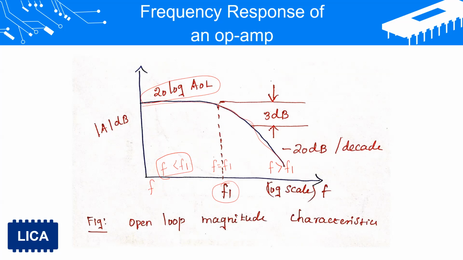Then f greater than f1 means the gain rolls down at minus 20 dB per decade. These are the 3 cases of the frequency response, for the open loop magnitude characteristics.